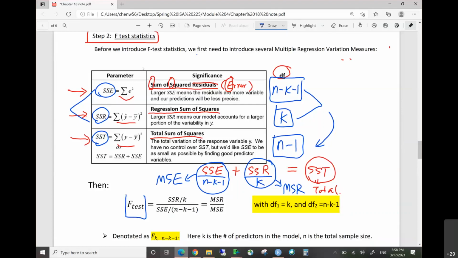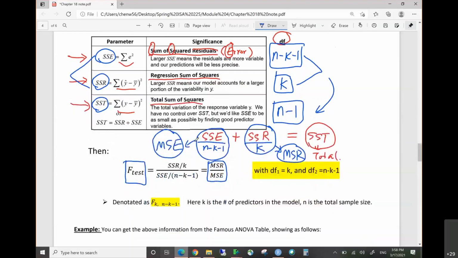The F-test statistic equals MSR divided by MSE. MSR is the SSR divided by the degree of freedom k. MSE is the SSE divided by the degree of freedom n minus k minus 1.